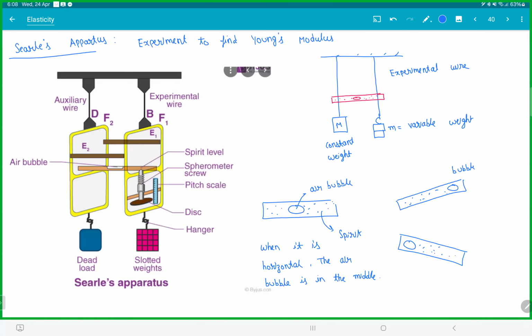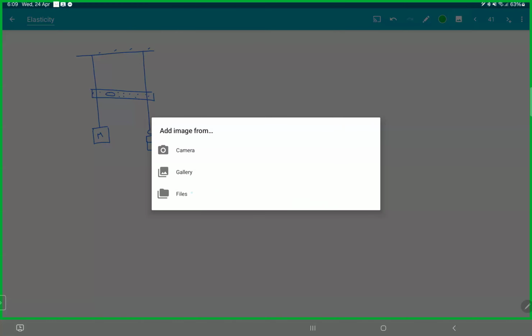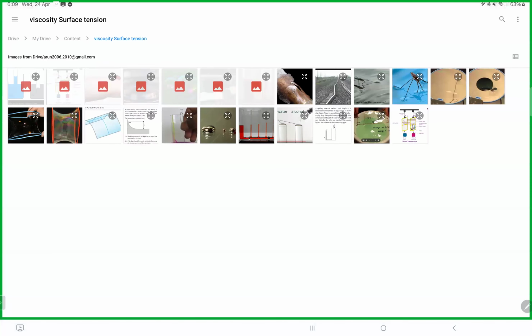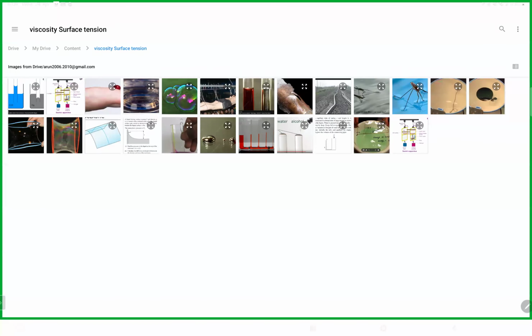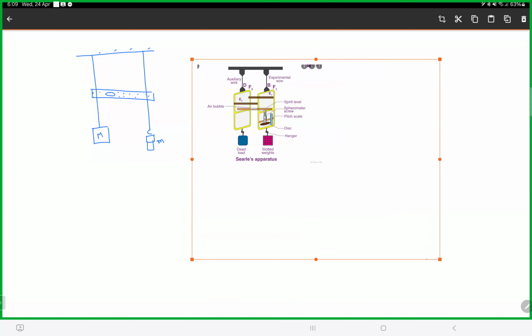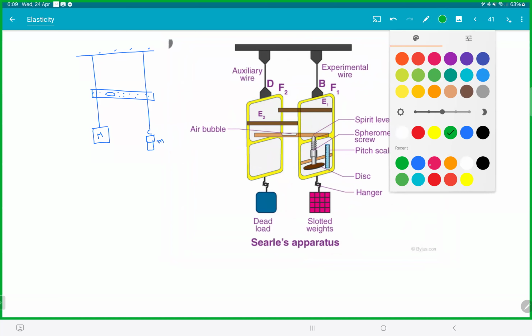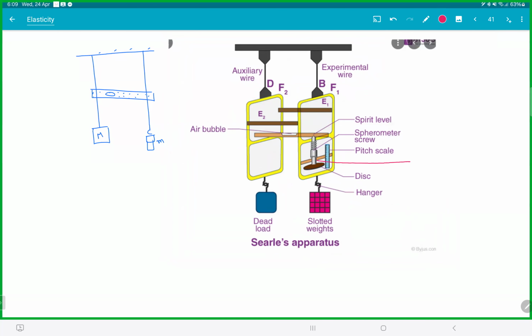And then what we do from here, you can see the screw goes here. So we take this equipment and then we rotate this. Then this screw, which is here, is rotated. When you rotate this, can you see? This screw will make it go up and down.